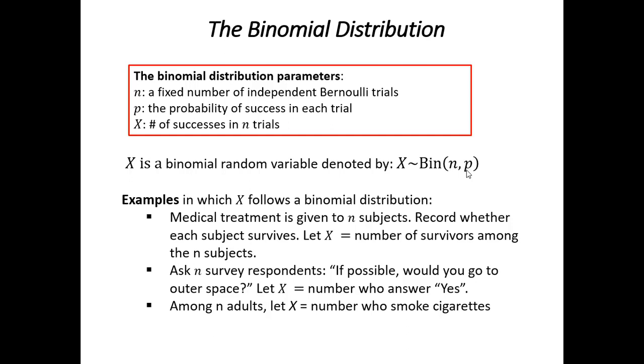Another possibility, suppose we ask n people, if possible, would you go to outer space? We could let x be the number of people who answer yes. Another example, among n adults, let x be the number who smoke cigarettes.